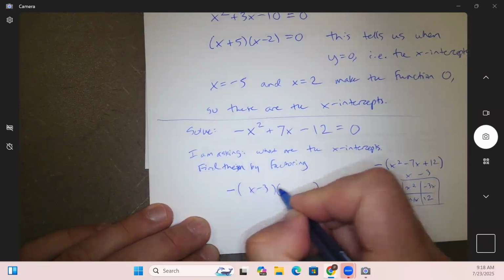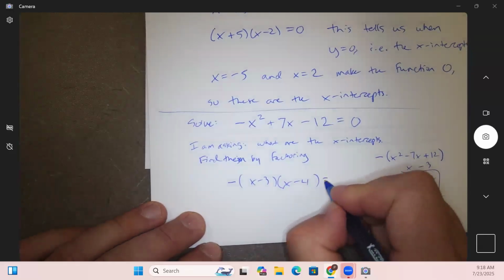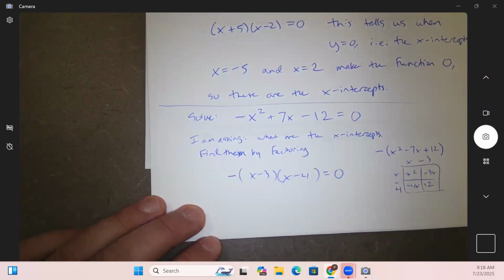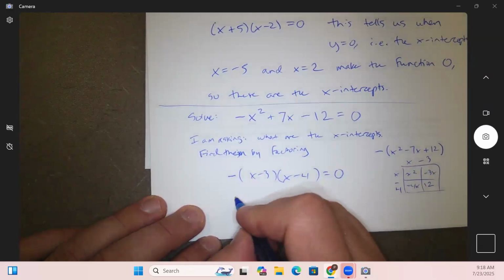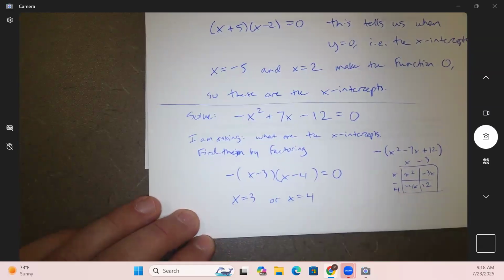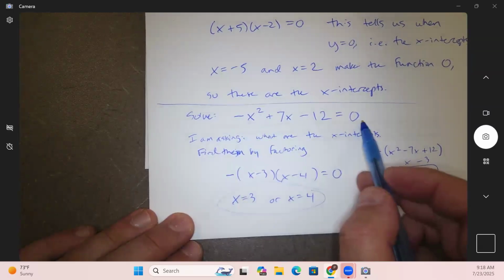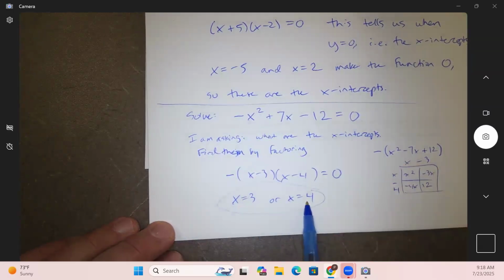So I have x minus 3 and x minus 4. I factored it. If I want it to equal 0, that means x has to equal 3 or x has to equal 4. And these are the solutions to that equation because these are the x-intercepts.